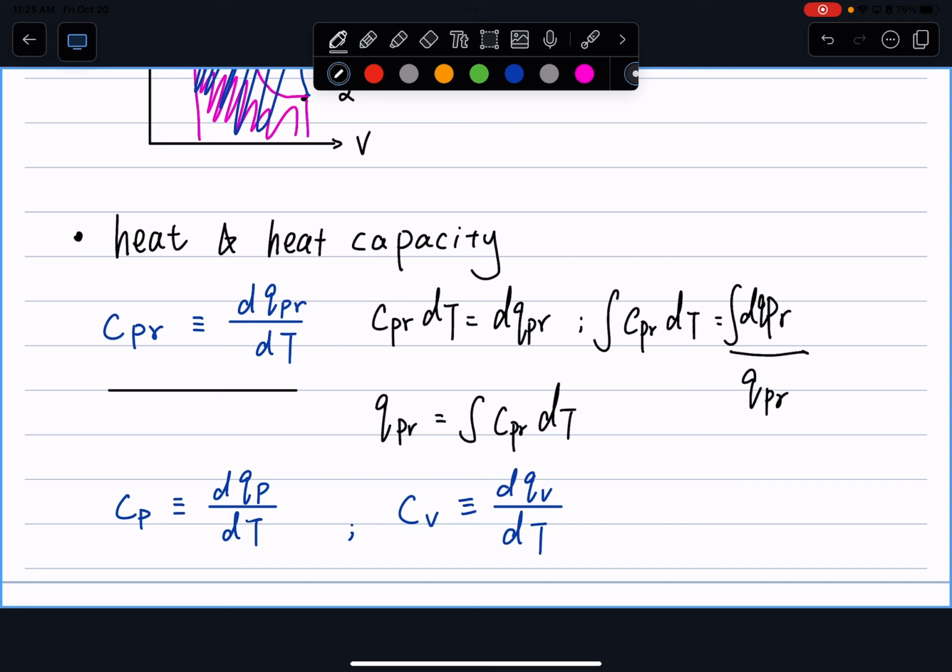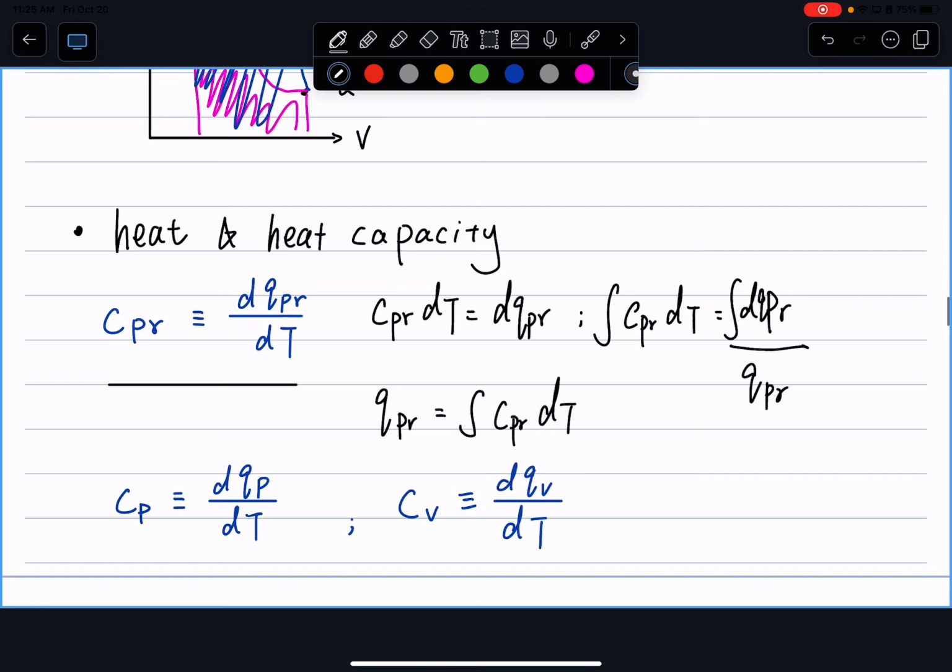Now, for an ideal gas, that heat capacity might be a constant, and if it is a constant, we can take it outside of the integral. If it's not, you cannot do that. At constant pressure and constant volume, there are ways to define Cp and Cv. These are the heat capacities that people can measure at constant pressure and at constant volume. You can use these measured heat capacities at a later time, but know the definition of each heat capacity.